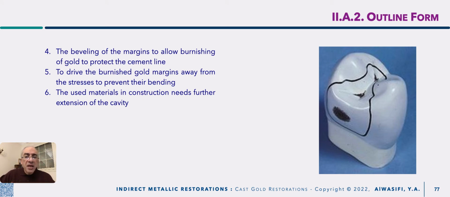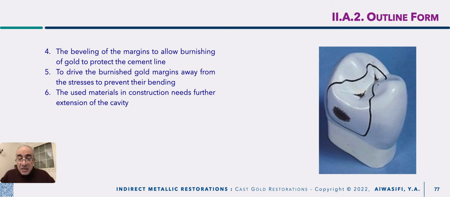This very thin layer of gold is not able to fracture but is able to bend if it comes under a cusp tip or a stress bearing area. That's why you need to widen the cavity slightly to drive this burnished gold away from the stress bearing area and away from bending that will open the margin and leave the cement exposed to the outer environment and liable to solubility.